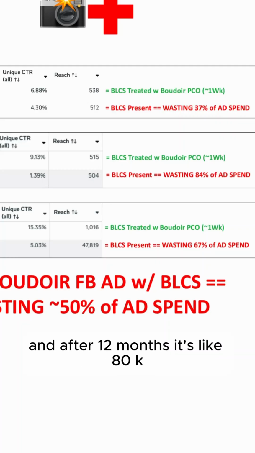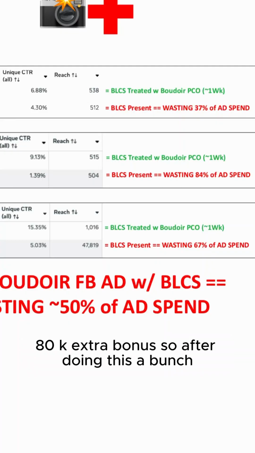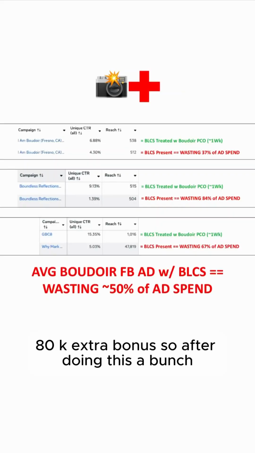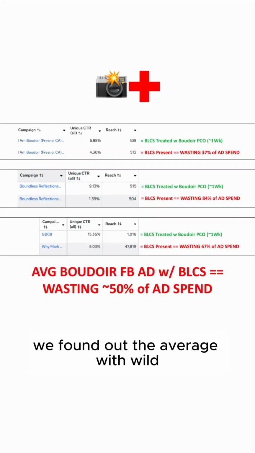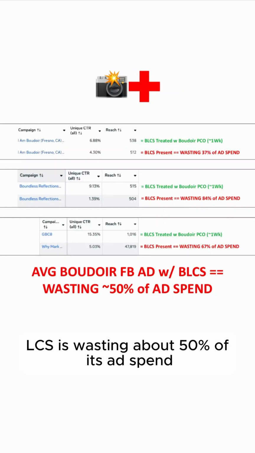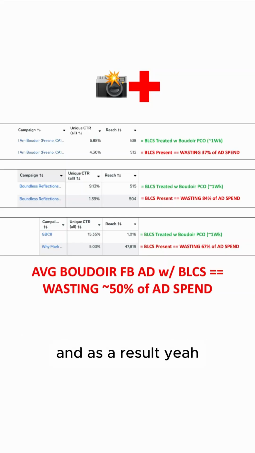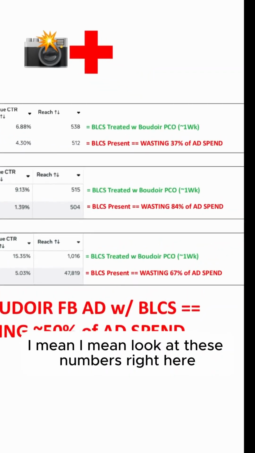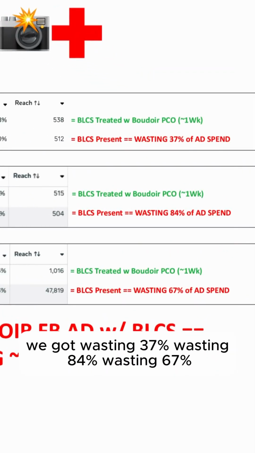And after 12 months, it's like an 80K extra bonus. So after doing this a bunch, we found out the average Boudoir Facebook ad with BLCS is wasting about 50% of its ad spend. And as a result, look at these numbers right here. We got wasting 37%, wasting 84%, wasting 67%.